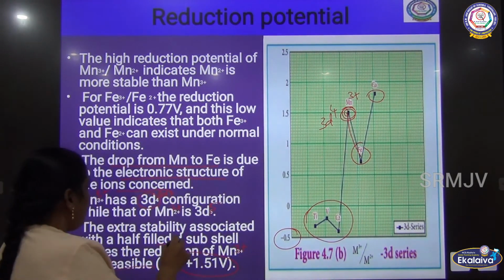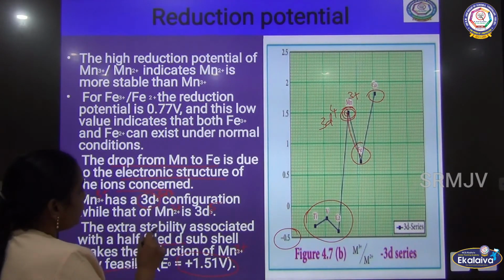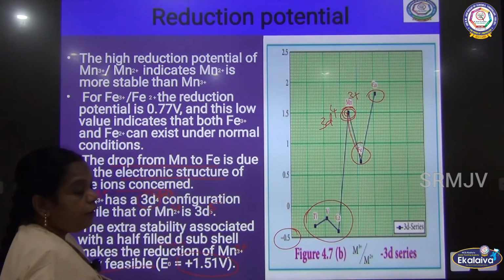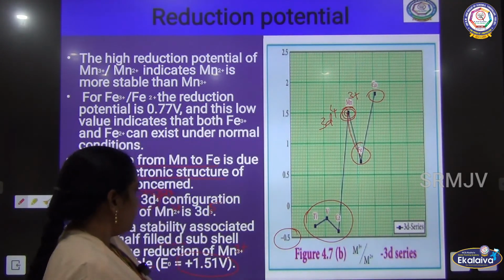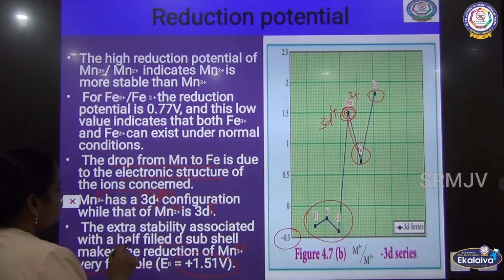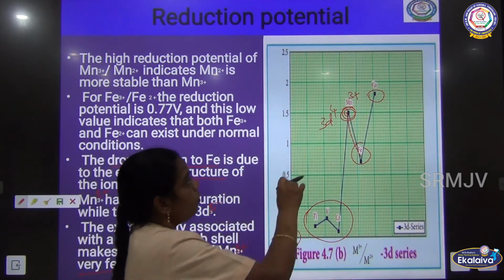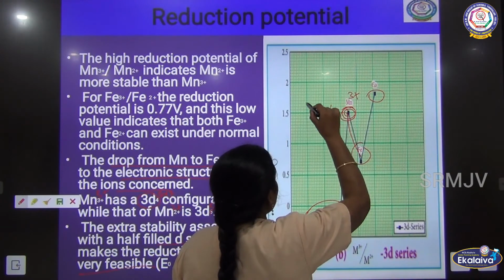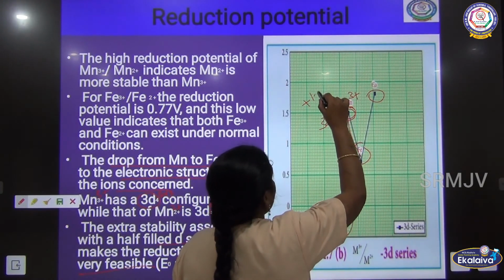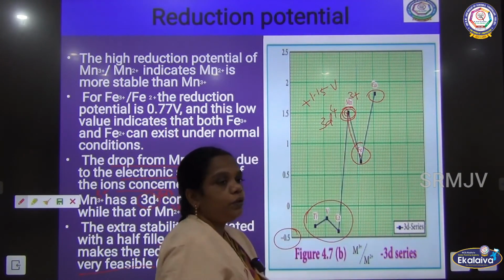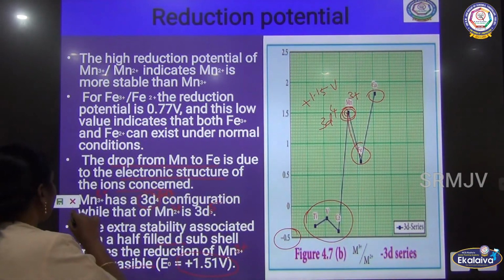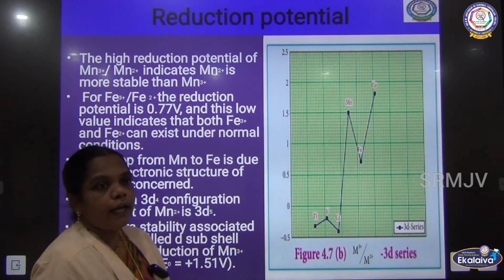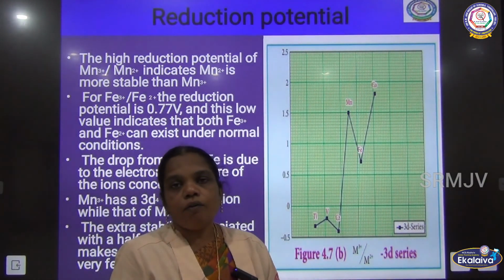So by having the extra stability in Mn2+, but in Mn3+, the extra stability is associated with making feasible the higher positive value of 1.15 volt. Understand?